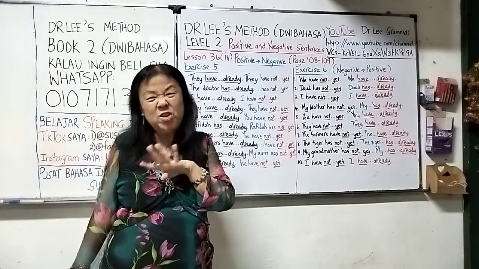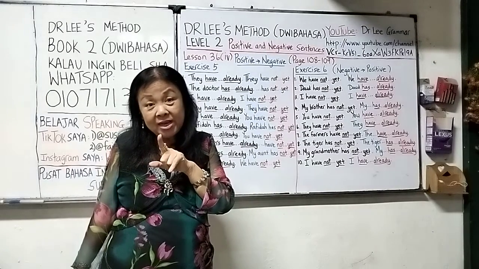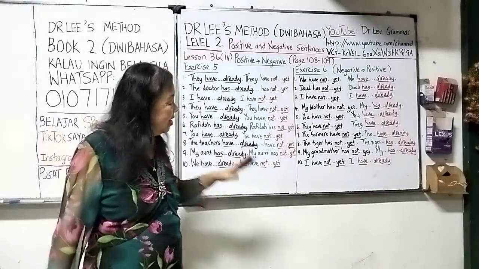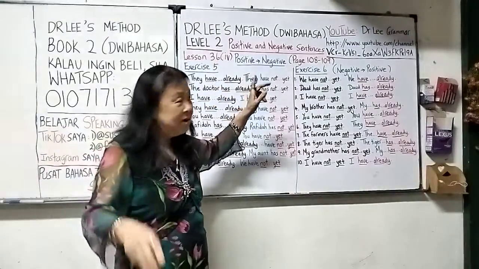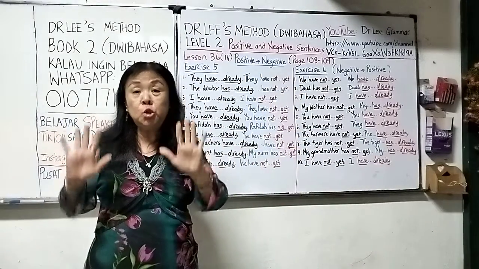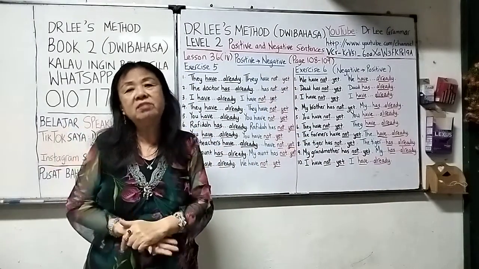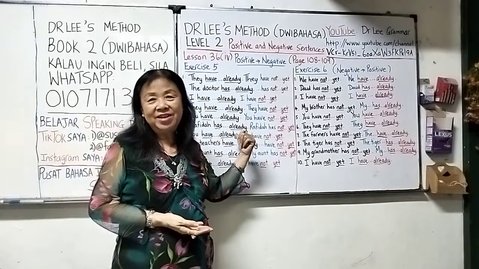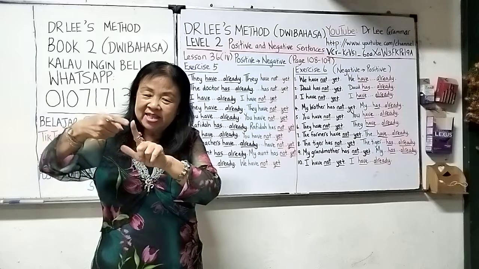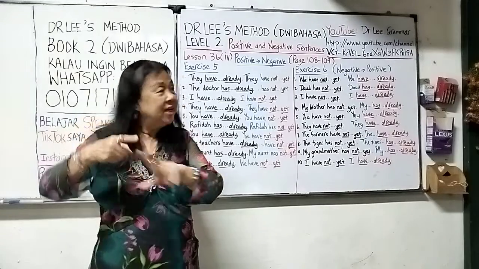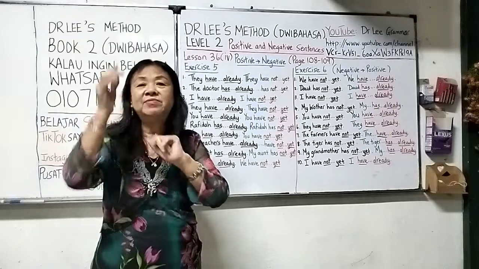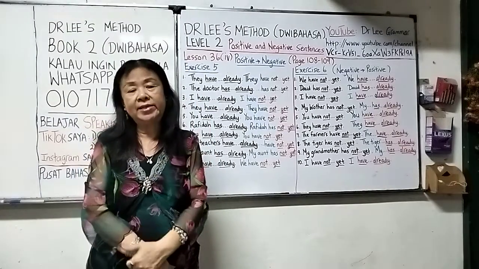There are more videos to come, because for my book, positive and negative sentences has 12 exercises altogether. We are at exercises 5 and 6, so you have 7 and 8, 9 and 10, 11, 12. This is video number 4, so 7 videos, 1 lesson.